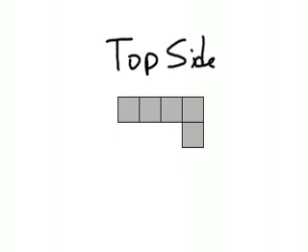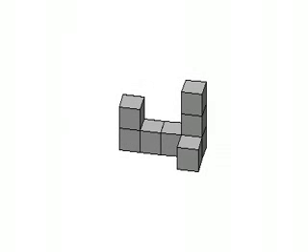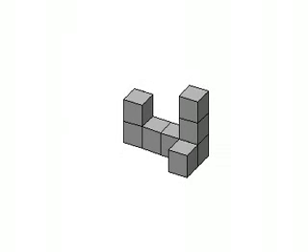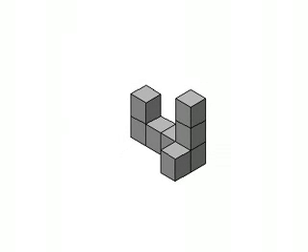Okay, let's go to the right now. We're going to rotate it back to where it was before. And now we're going to go to the right side. So we're going to go all the way to this side, and then we're going to put it on an even plane with us.